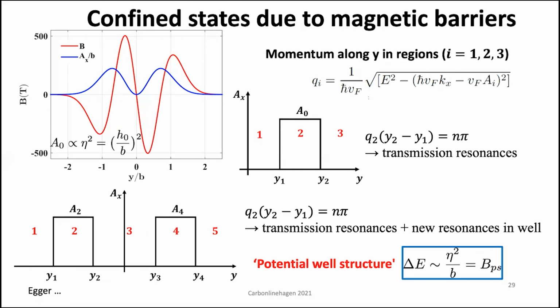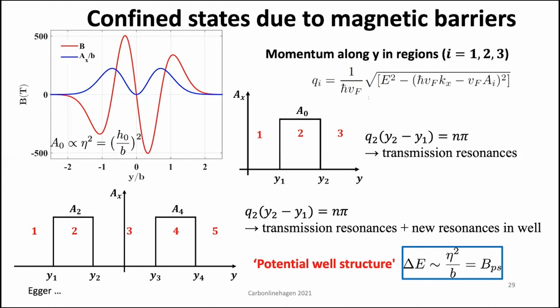But this particular relation happens to be the maximum value that the pseudo-magnetic field takes. So we see that the level spacing between the states that appear inside this double barrier region will follow a linear scaling with the magnetic field, in contrast to the square root scaling observed for Landau levels.